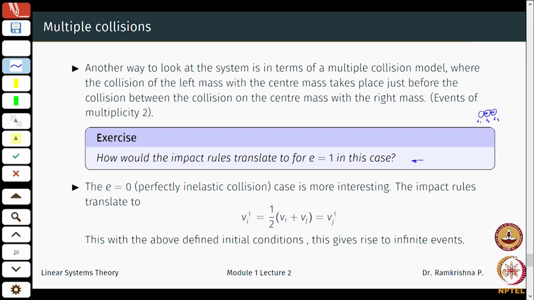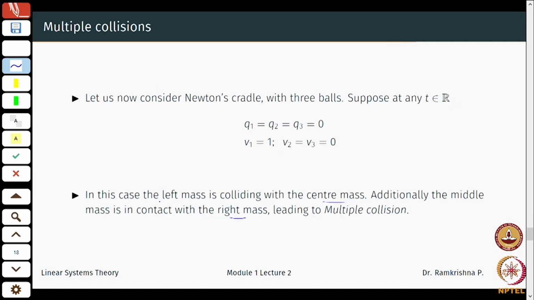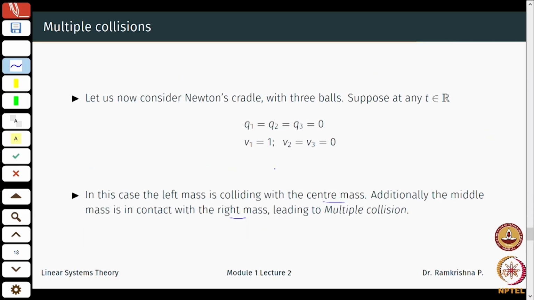What will happen in the case of this collision? Then again I rewrite these collision rules. There are some typos here which we will take care of later. If I rewrite these collision rules, I get an expression like this. What does it mean? Let's derive it just for the first one. I have V1, V2 and V3 for the first collision.